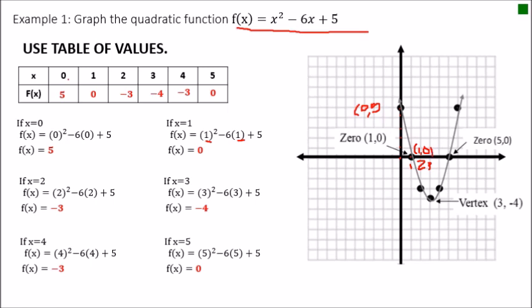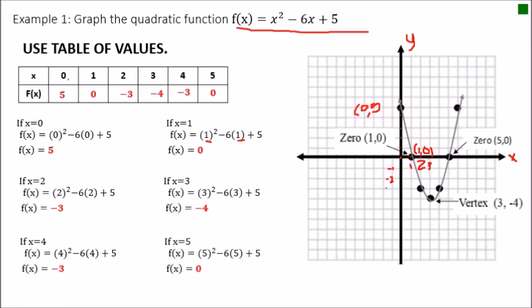So, umpisa tayo dito sa x-axis. Ito yung x-axis natin. Okay? And this is your y-axis. So, umpisa natin kay 2, negative 3. So, 2 sa x-axis. So, we have 0, 1, 2, 3. Tapos, negative nasa baba. So, ito yung negative 1. This is your negative 2.